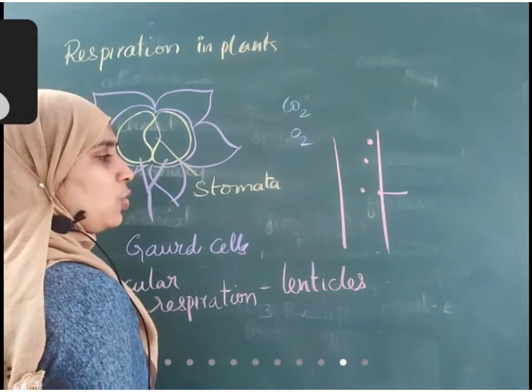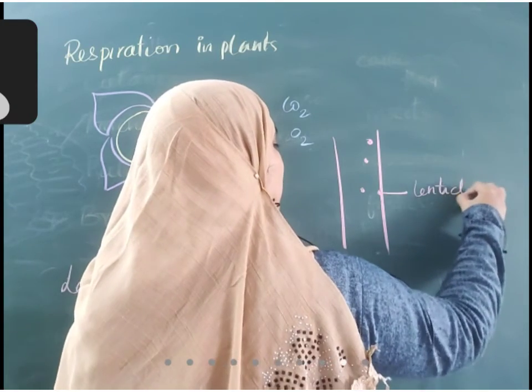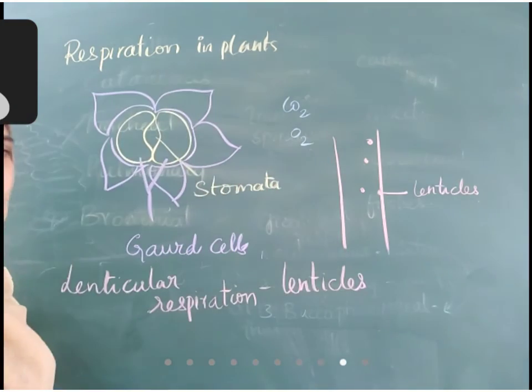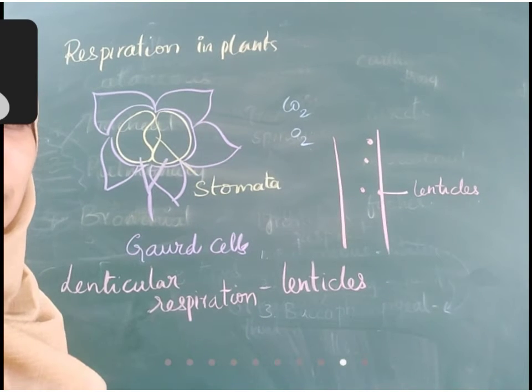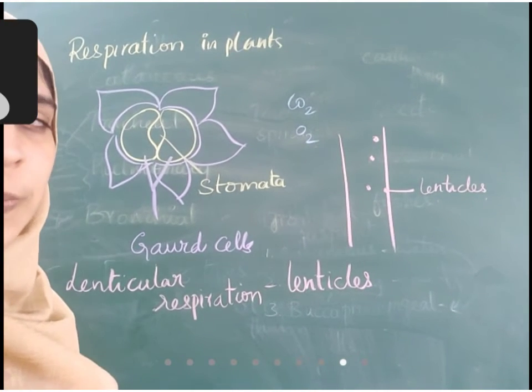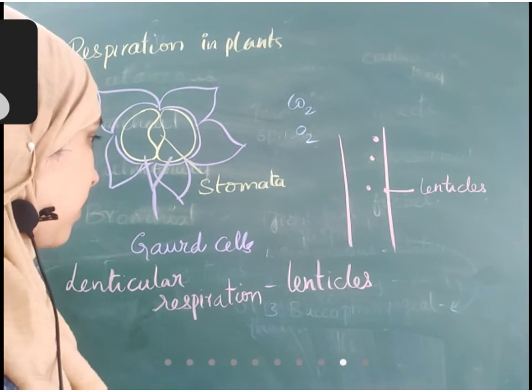These small holes are called lenticels. These are very useful for stem respiration in the leaf fall season, in the spring season, when plants do not have leaves. At that time, the green stems participate in respiration and photosynthesis also. Okay.